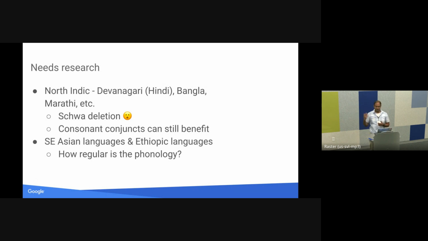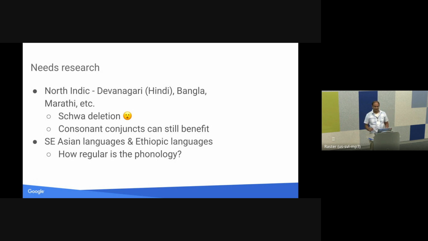For what I'm calling North Indic scripts, we have Devanagari, which is used for Hindi and other things, Bangla, Marathi. Manish is definitely pointing out to me that schwa deletion is a thing. For those scripts, you don't always pronounce it the way it's written. So much for math being 2 + 2 is 4.